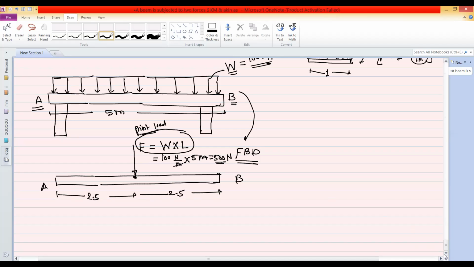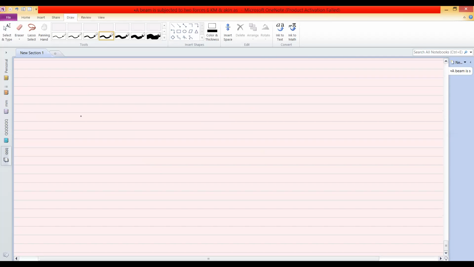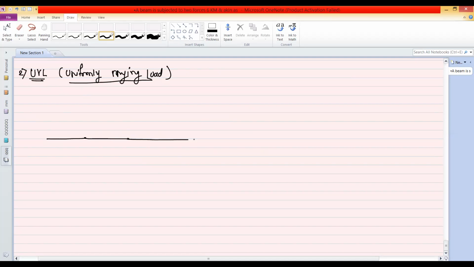Okay. Then the second loading is the UVL. So it is called uniformly varying load. So in a uniformly varying load, the intensity is continuously increasing in a linear manner from one point to the other point of the system.